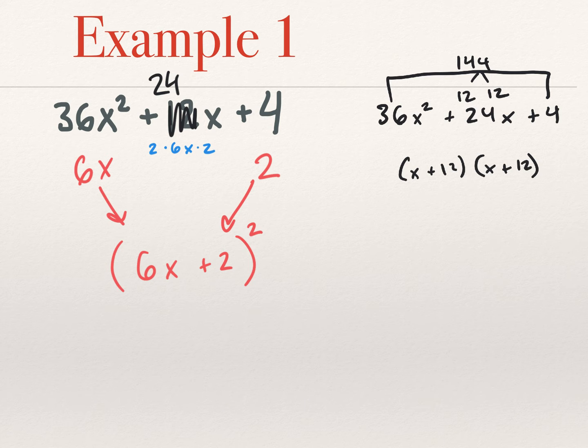But I have to divide them by 36. It would be 1/3, which would be x plus 3, x plus 3.